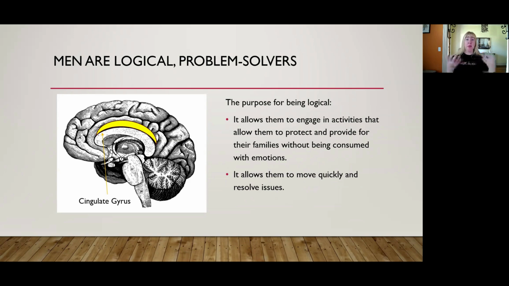So how do we do all that without the entanglements that can come from being super emotional? And that's what this is.